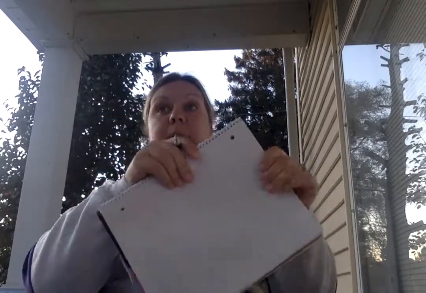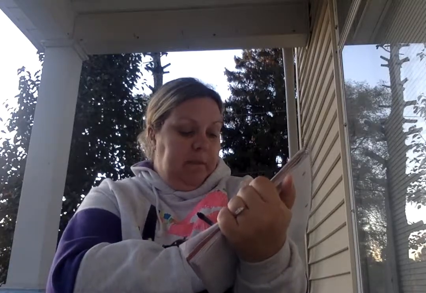That it's raining really, really hard. So on the back of my paper, I'm going to write the definition. And the definition that we came up with as a class is when they say it's raining cats and dogs, it means that it is raining very hard.